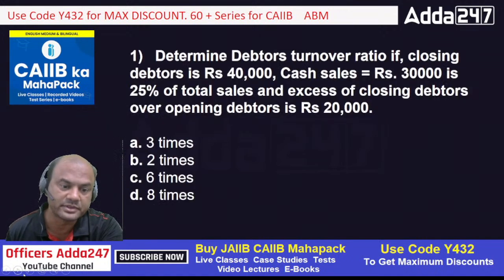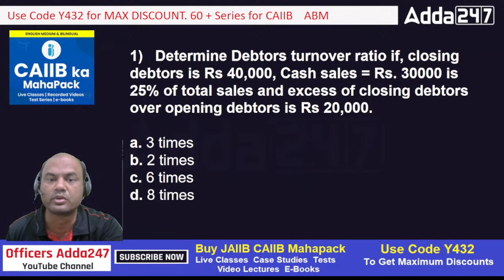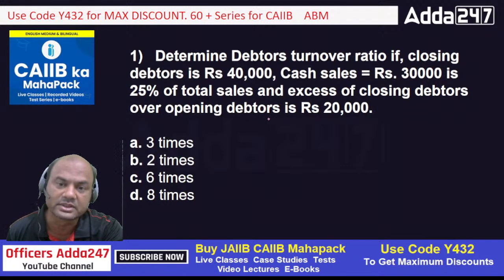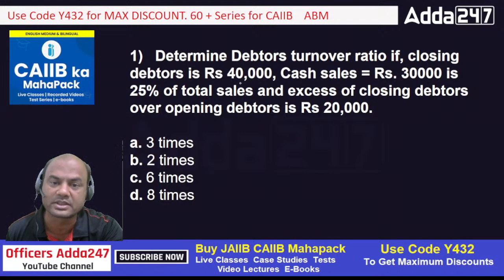So let's start. First, determine the debtors turnover ratio, if closing debtors is 40,000, cash sales is 30,000, which is 25% of the total sales, and the excess of closing debtors over opening debtors is 20,000. Firstly, everyone type in the comment section what is the debtors turnover ratio formula?